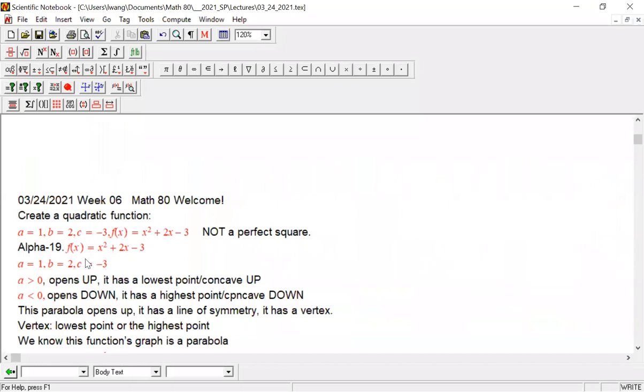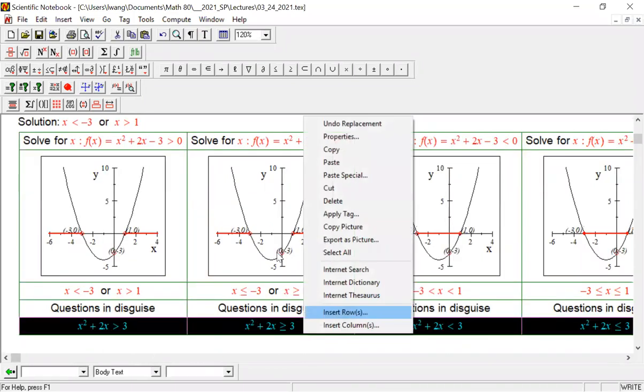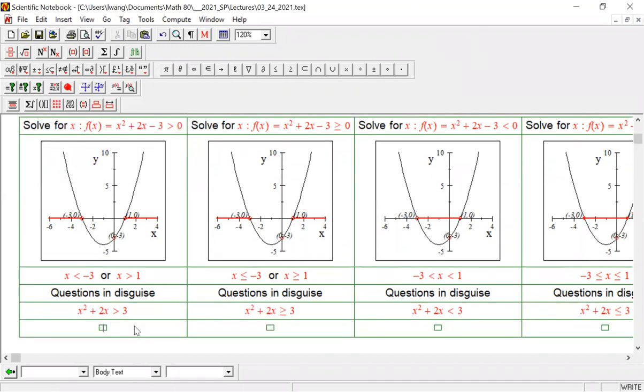Let me give you another example of questions in disguise. I can write this as x squared larger than 3 minus 2x. Could I do that? Of course. If we move everything to the left-hand side, you get exactly the same question. These are just typical algebraic manipulations.